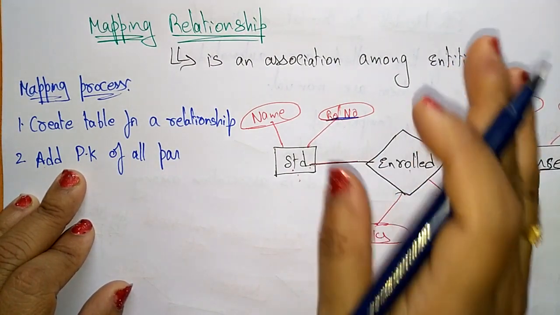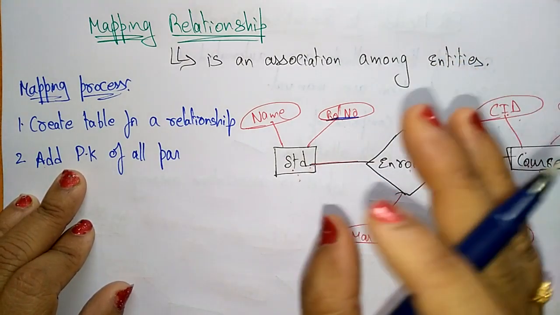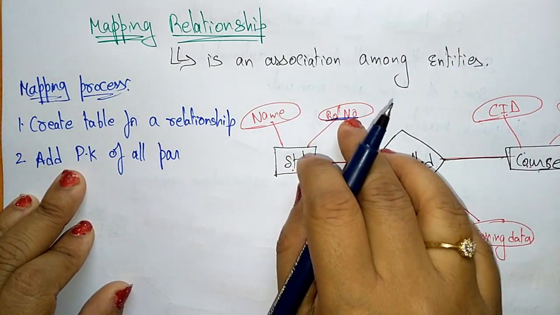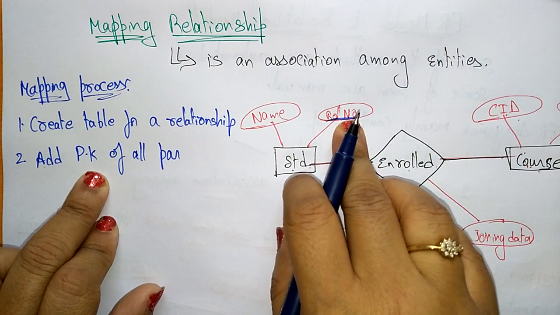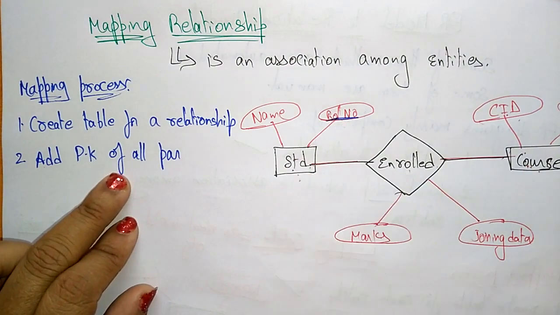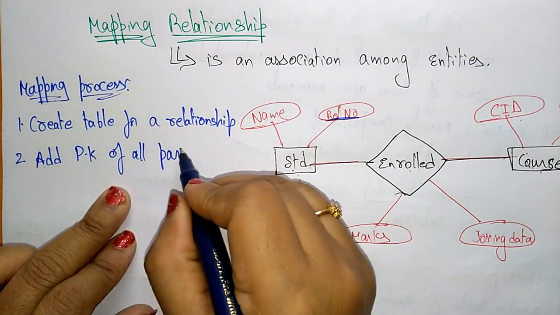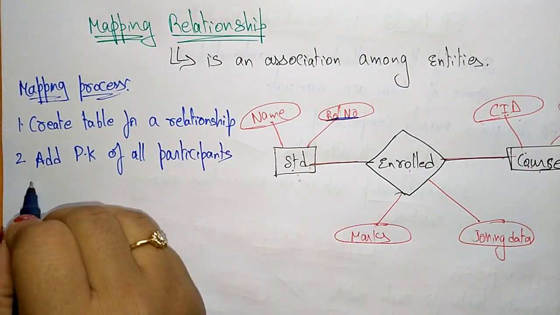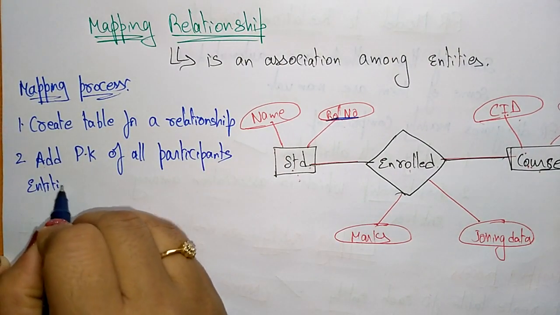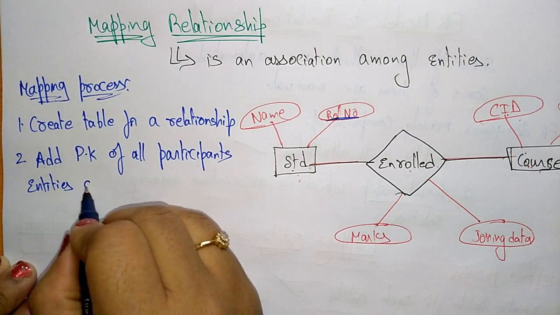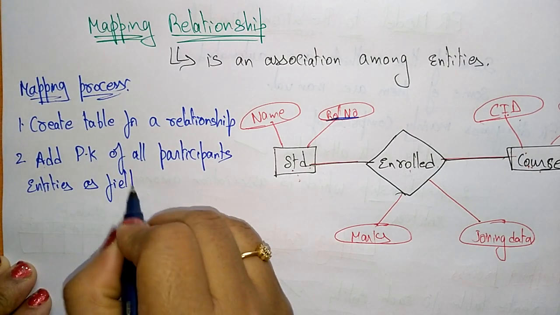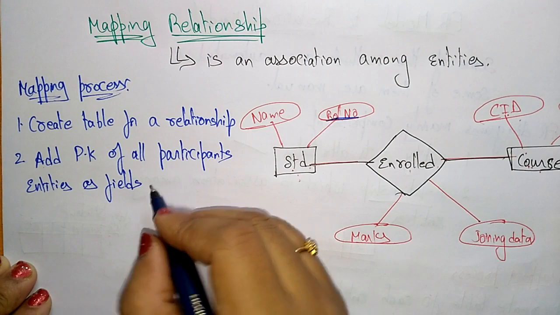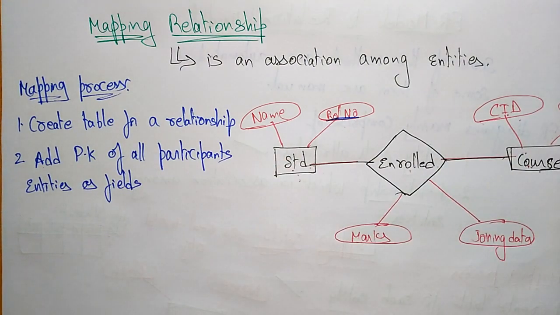Each student has only one roll number that is different from any other person, so you will give it as a primary key. Add the primary key of all participating entities as fields, with the respective data type.